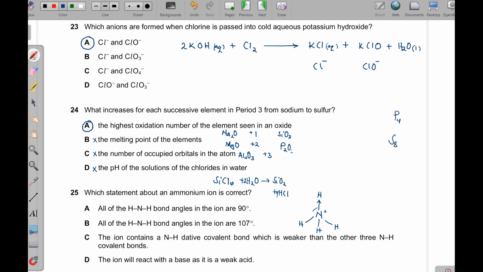It is a tetrahedral structure, 109.5 is the bond angle. This is actually an ion where the nitrogen donates the 2 electrons to the proton here.